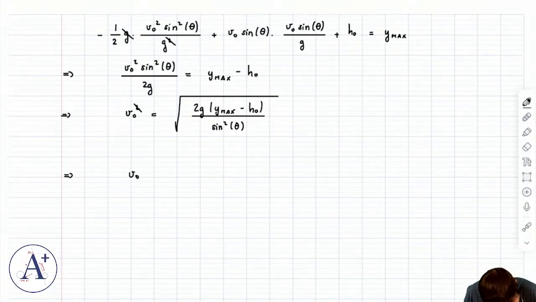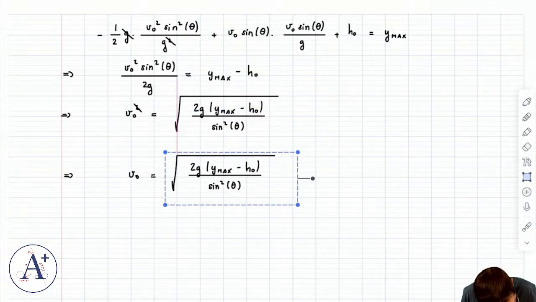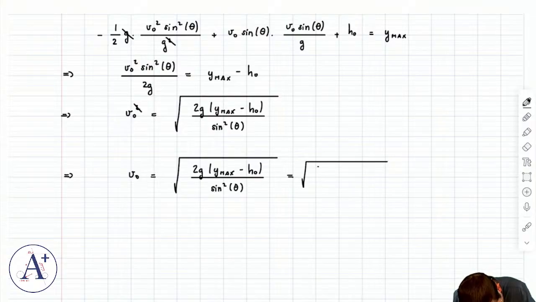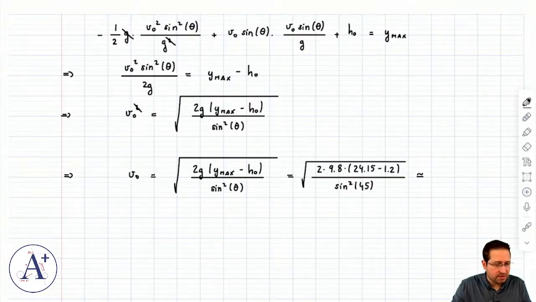So V0 is equal to all of this, which is equal to the square root of 2 times 9.8 times (24.15 minus 1.2) divided by sine squared of 45. And that is going to be approximately 30 meters per second.